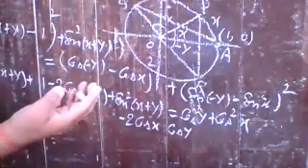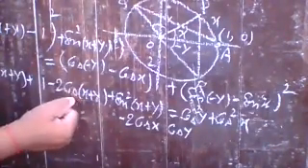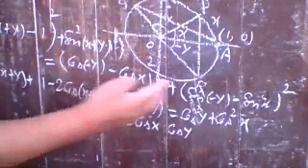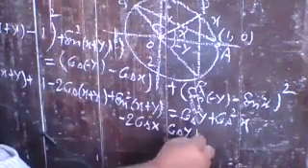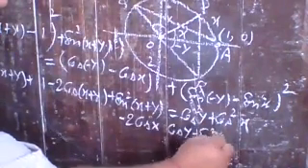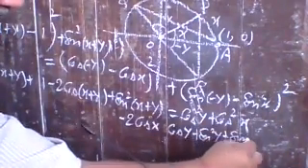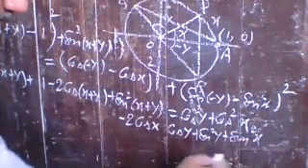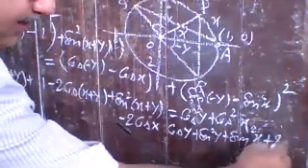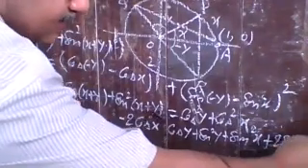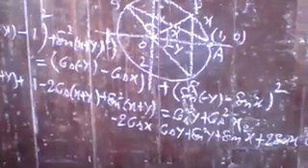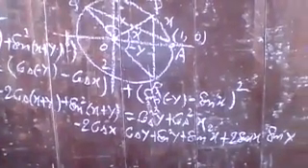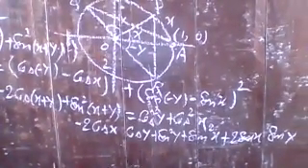If you take minus common, with the whole square it becomes positive. So that can be written as plus sine square y plus sine square x plus 2 sine x sine y.